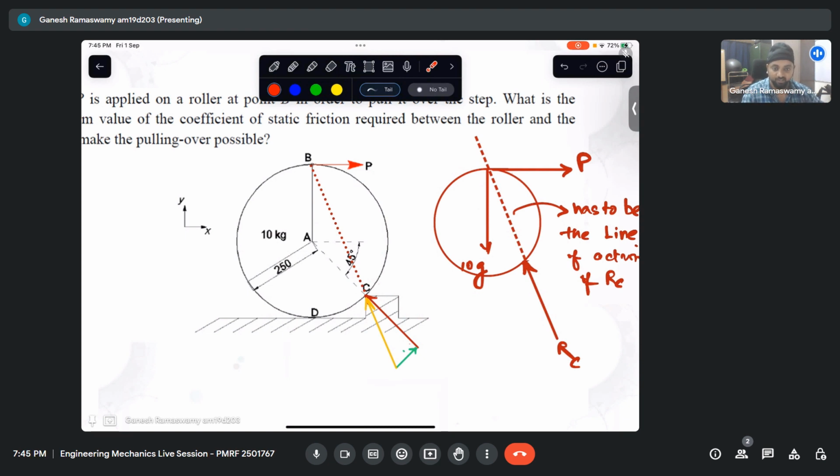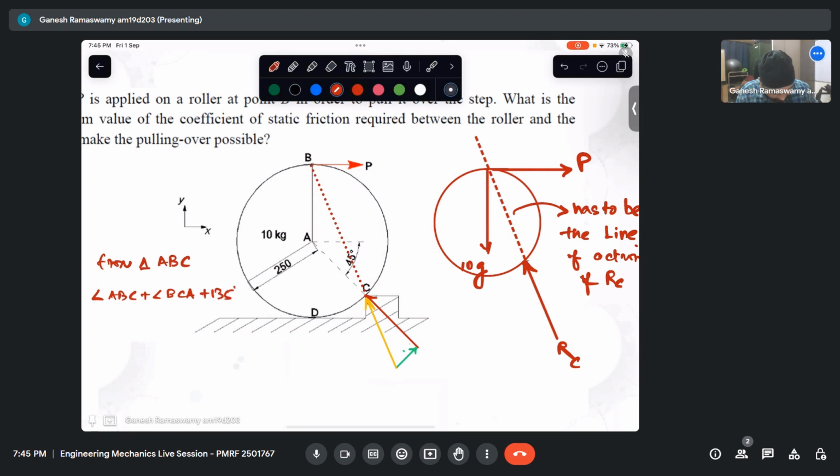So from this triangle, I know what this angle is. This is 90 and this is given to be 45. So this is 135, and I know this distance and this distance are the same because it's a circle. So naturally, this angle and this angle happen to be the same. So from triangle ABC, angle ABC plus angle PCA plus 135 degrees is 180.